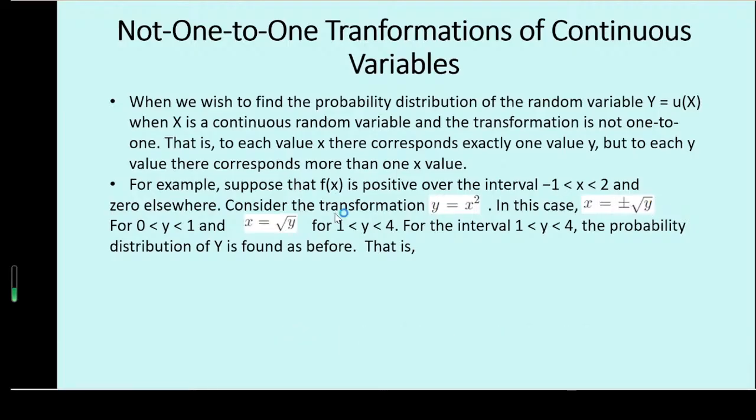Because y is the square of x, so x is the square root of y. But because of x in this region, we have to use plus and minus for 0 to 1. And x is the square root of y for the range between 1 and 4, right?